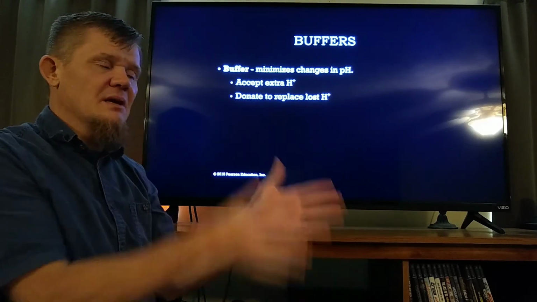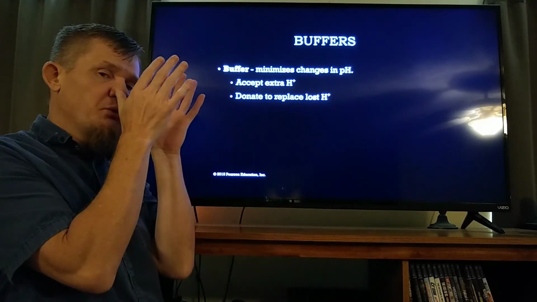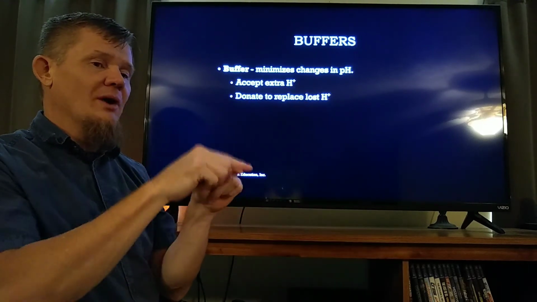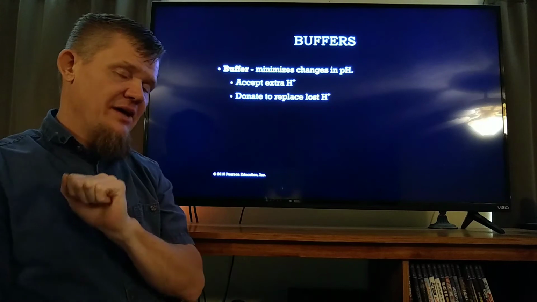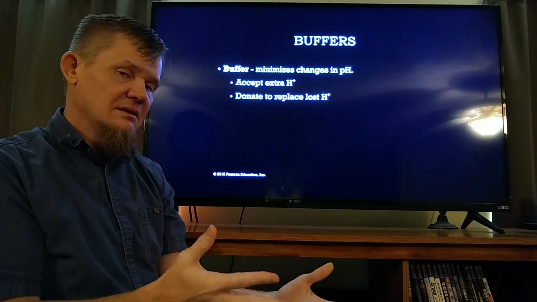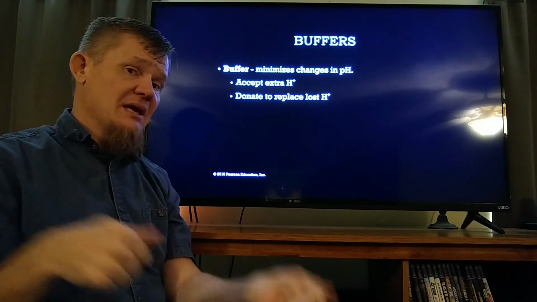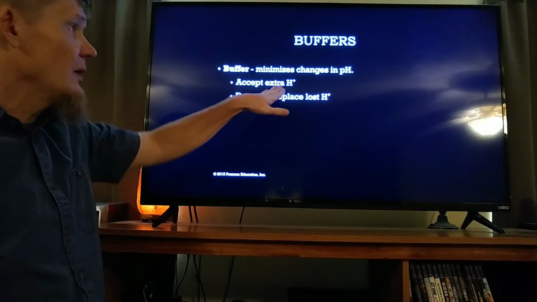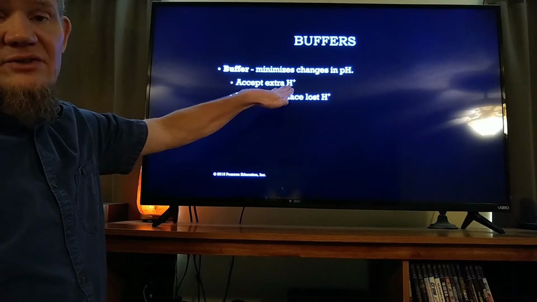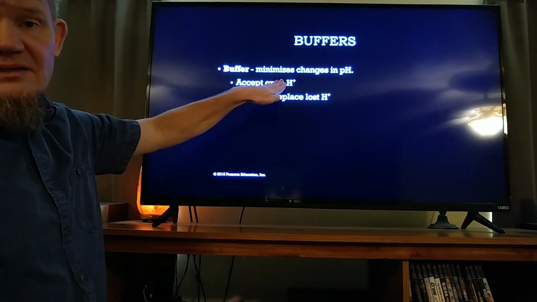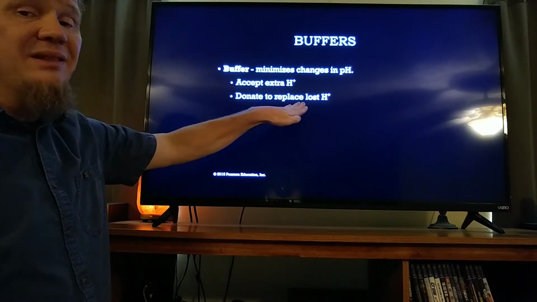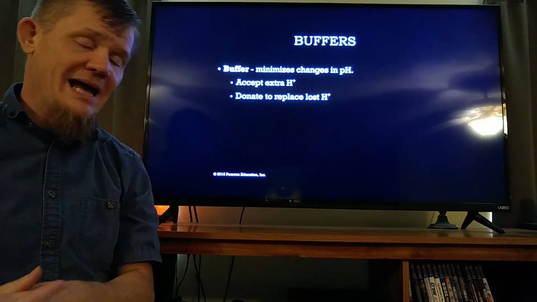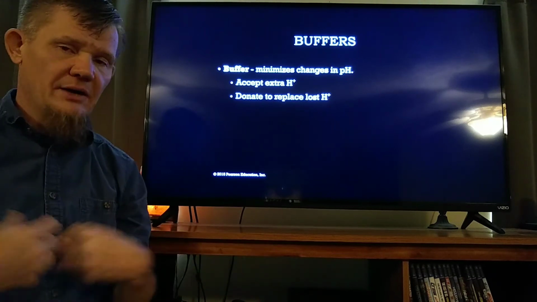You can make a buffer to stay at whatever pH you want, but that's the point of the buffer, is to keep it at that pH, regardless of where I started at. If I add a bunch of acid, the buffer will neutralize it. If I add a bunch of base, the buffer will neutralize it. Buffers will pull extra hydrogen ions out of the solution if you add an acid. They will replace lost hydrogen ions if you add a base. Remember, adding bases means they suck up hydrogen ions.